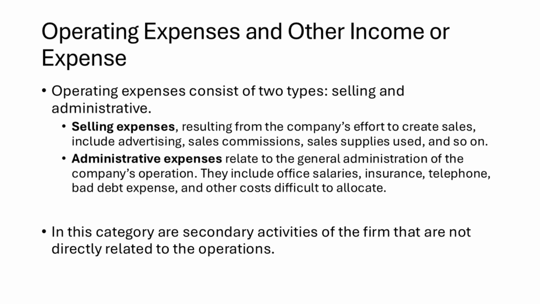Operating expenses consist of two types. One is selling, the other is administrative. We talk about selling expenses first, resulting from the company's activities related to credit sales, including advertising, sales commissions, sales supplies usage, and so on.